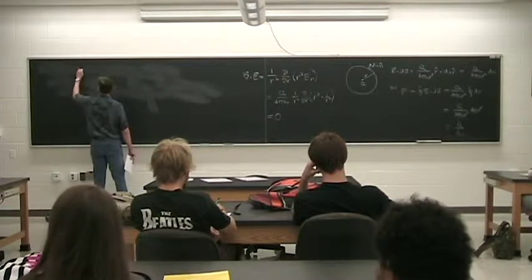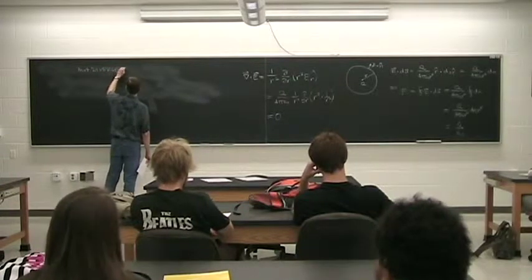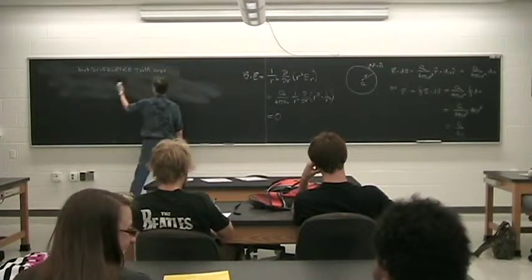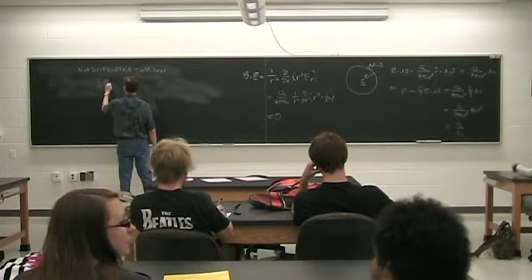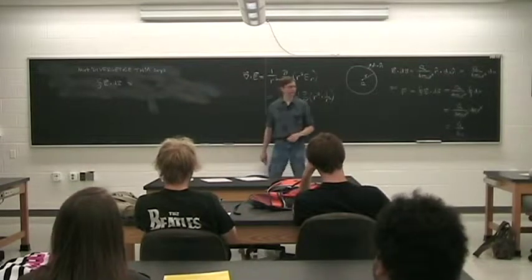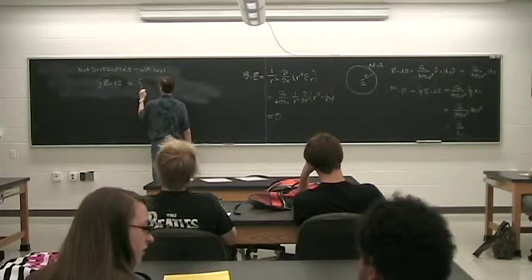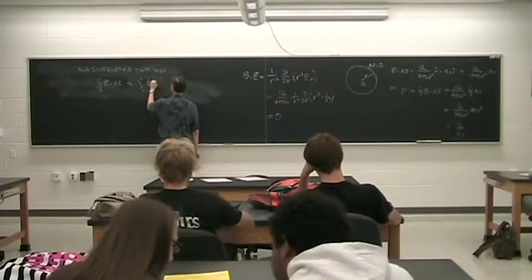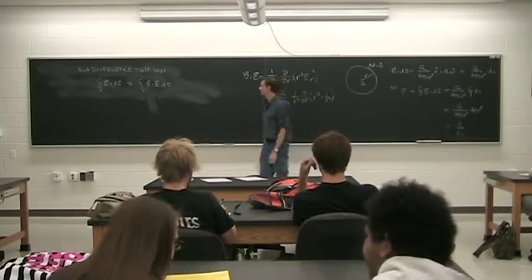But the divergence theorem says that the flux of a vector field through any surface is equal to the integral of the divergence of that same vector field over the volume enclosed by that surface.